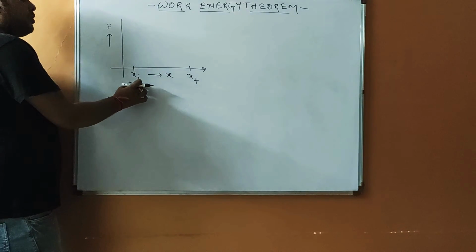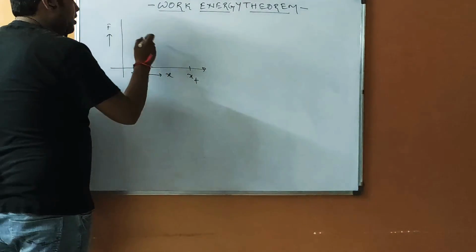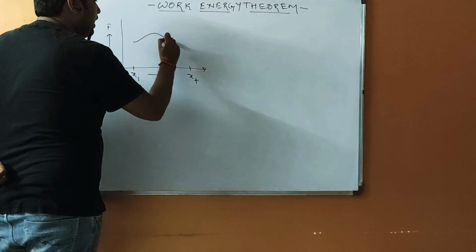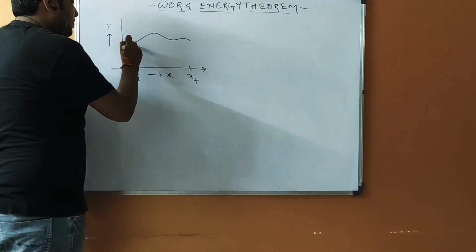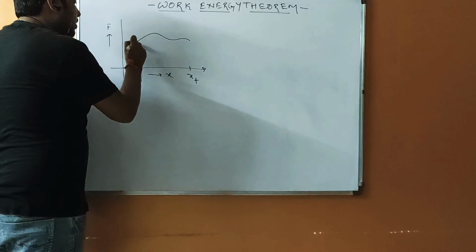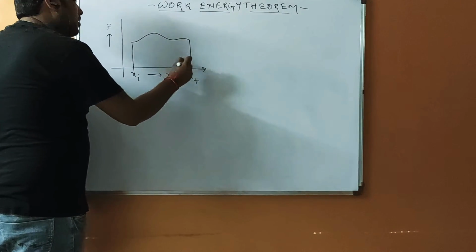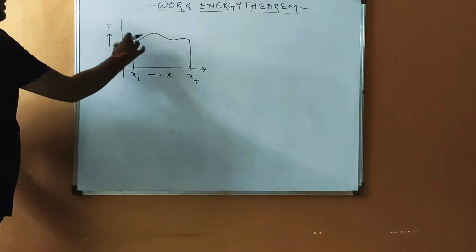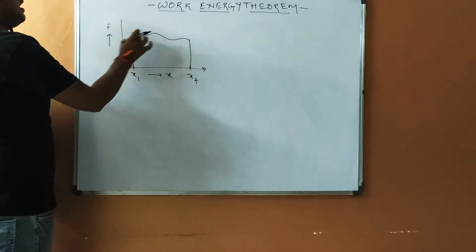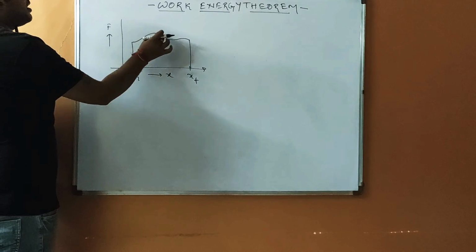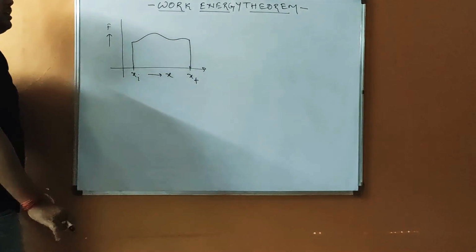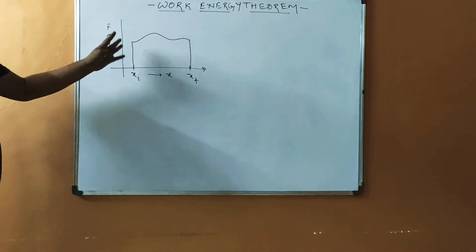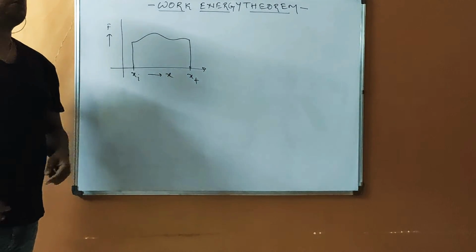This was the initial position of the body, this was the final position of the body. See, the force is not constant, it is varying. Here it is less, here it is greater, again becoming less, again becoming greater. So this is the graph for the variable force with respect to displacement.